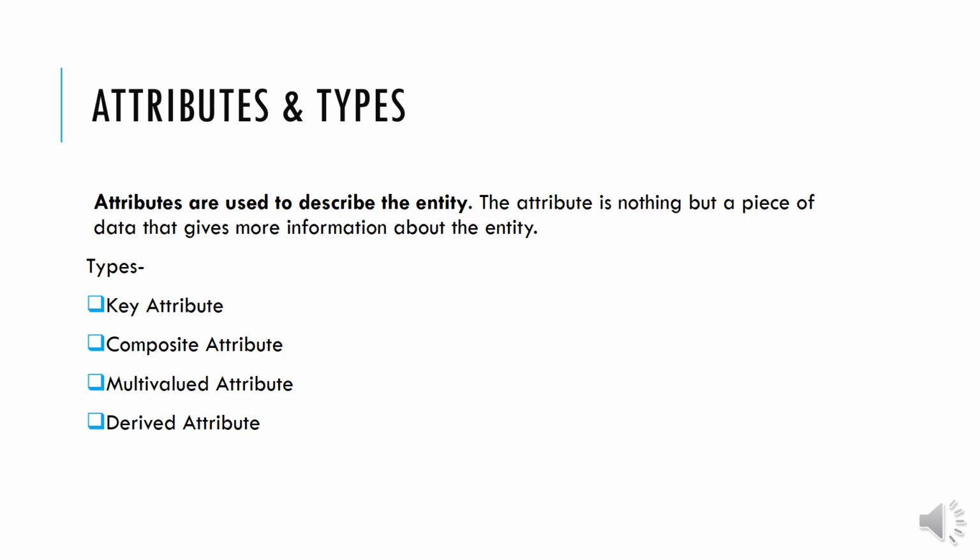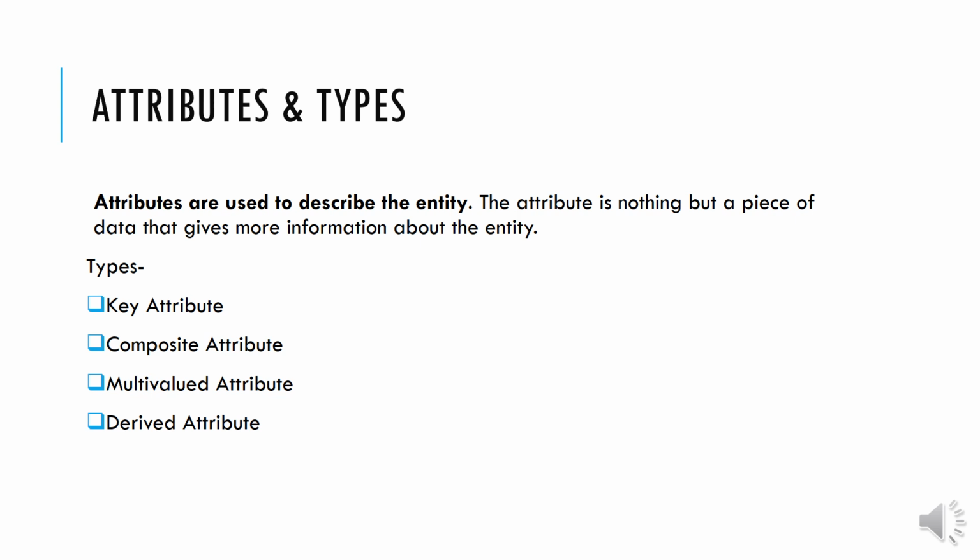We can have various types as key attributes, composite attributes, multi-valued attributes, and derived attributes. Key attributes basically are the attributes which can uniquely identify each entity in the entity set.